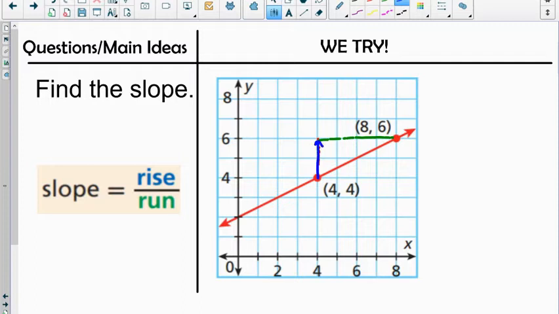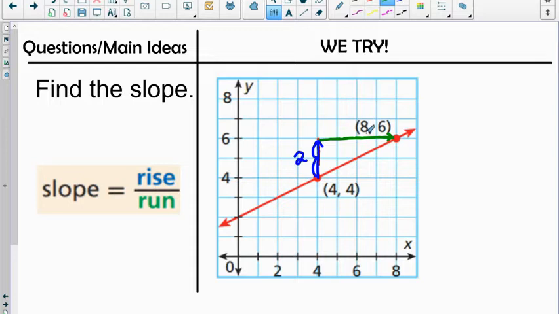So rise, run. And we just have to count our spaces. Now the rise, if I start at my lower point, it looks like it's at a height of 4. When I go up, it now has a new height of 6. So it went up 1, 2 spaces.